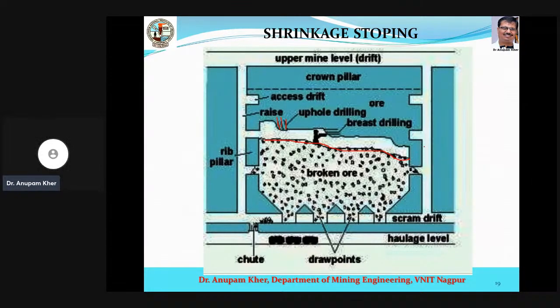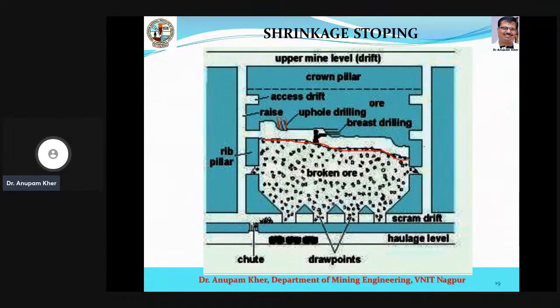This is the purpose of broken ore, which swells a lot after being blasted from its place. So you can remove 40, 50% of the ore at the bottom from the draw points, but the remaining ore stays until we are able to reach up to the crown pillar and extract everything. So this is basically used as a platform.